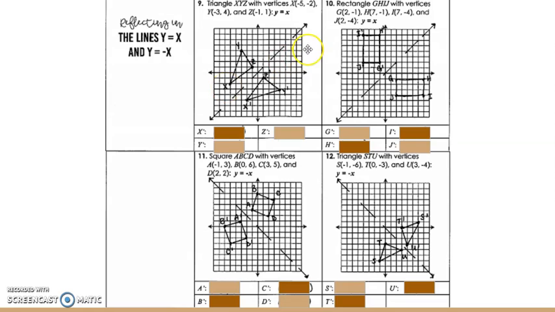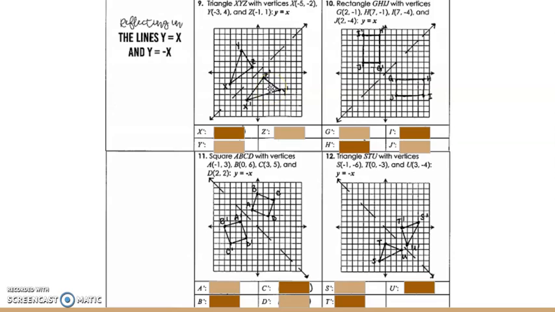The first step will be to graph that new line, so the y equals x or y equals -x, so we can figure out how we're going to reflect. In this case, we have our y equals x line, and it's dashed just so you can see it a little more clearly. Then we're going to graph our pre-image just like before.